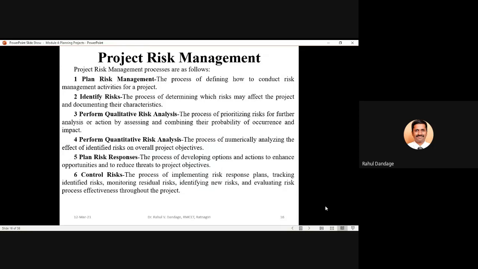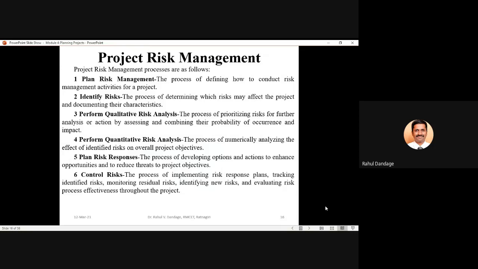After the qualitative risk analysis and prioritization of the risks based on their probability and impact, we go for quantitative risk analysis.